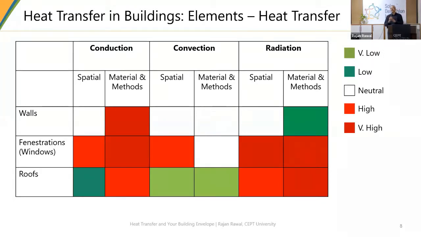Although everything is related with each other, if you have to, for a while, slice it down, look at where the convection is and where the conduction is. As far as the wall is concerned, the materials and construction method are very, very important when you talk about wall and conduction together.